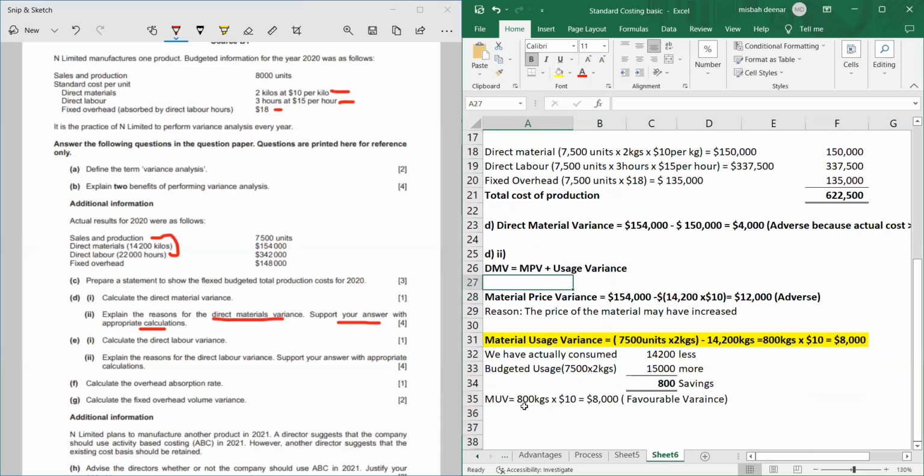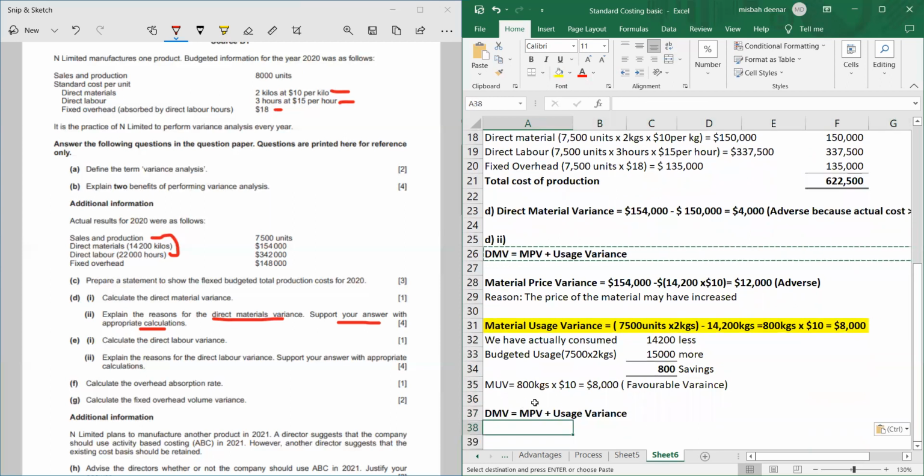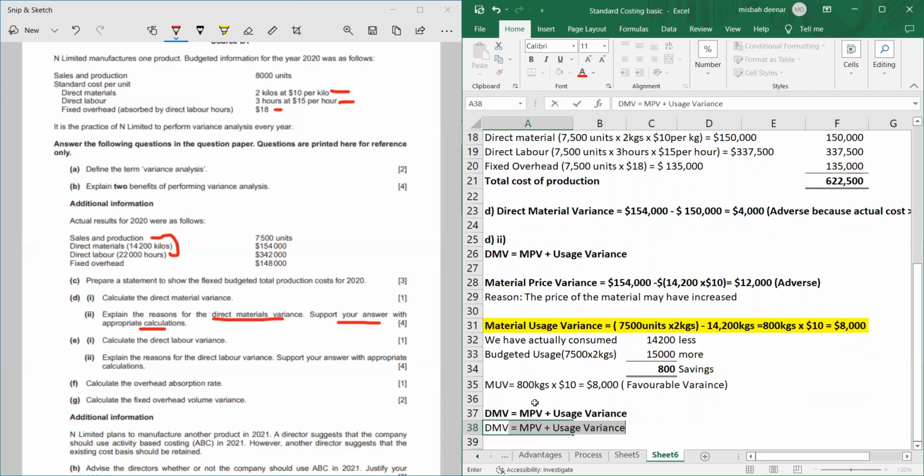So the formula over here, the DMV equals MPV plus usage. So DMV equals adverse variance of 12,000 plus favorable variance of 8,000 equals favorable variance of 4,000. Oh, sorry, adverse variance of 4,000.